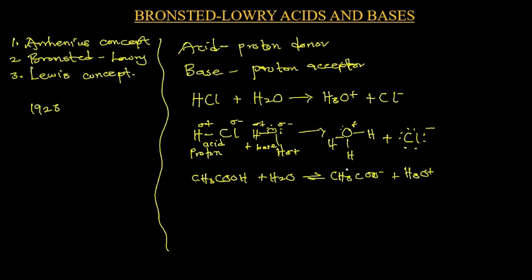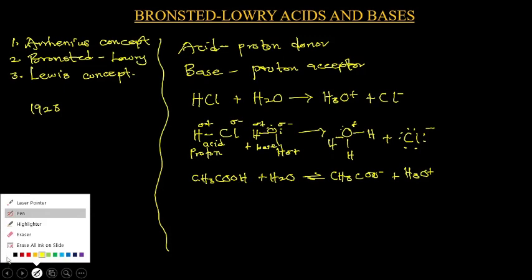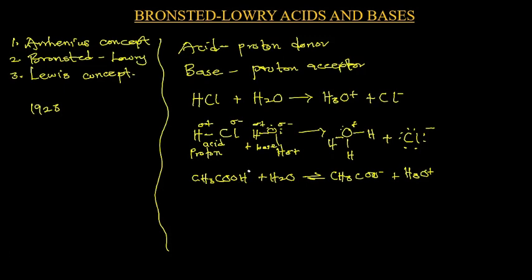So what is happening here? The ethanoic acid has a proton on it. Let me pick a white color here. So this is the hydrogen, which is going to be the proton.